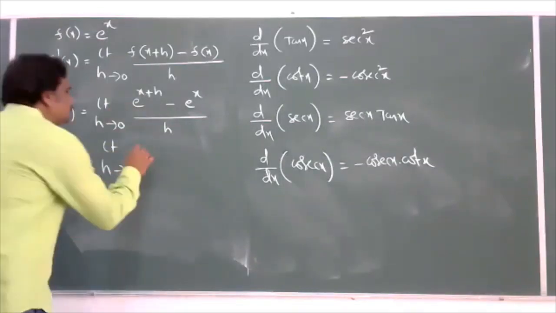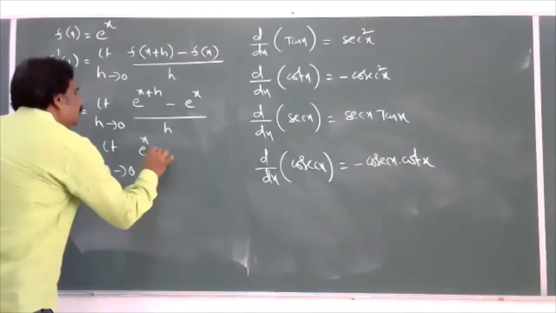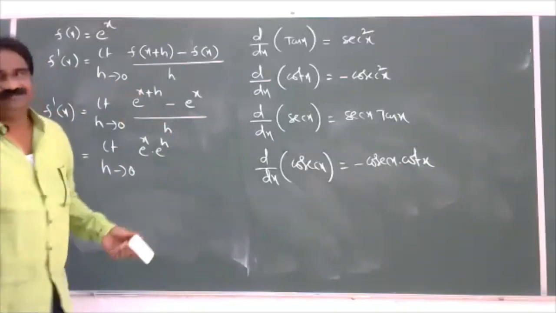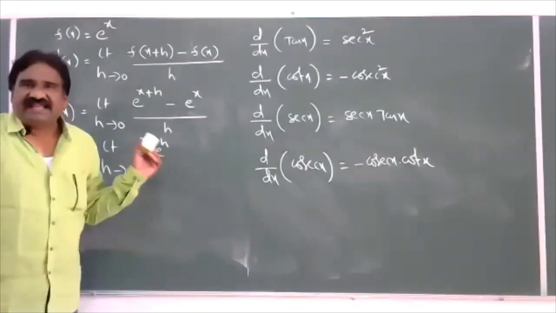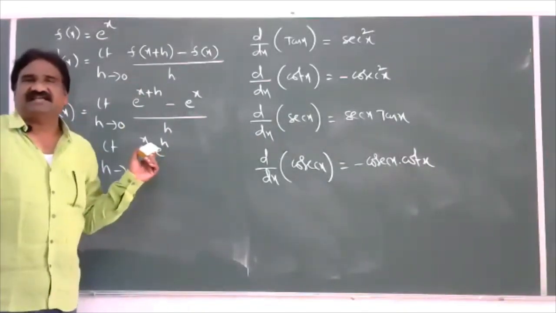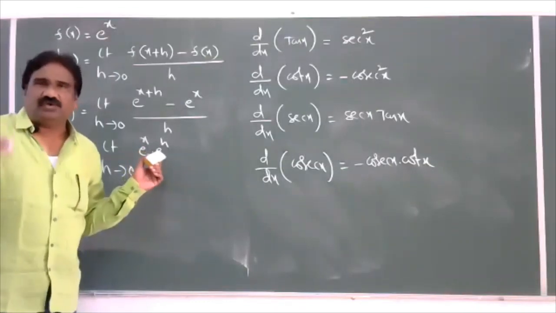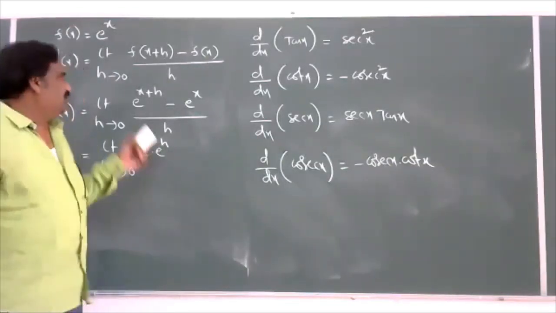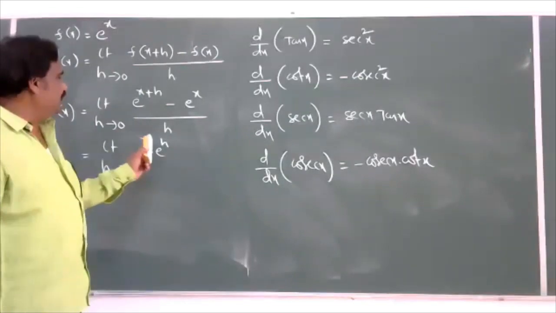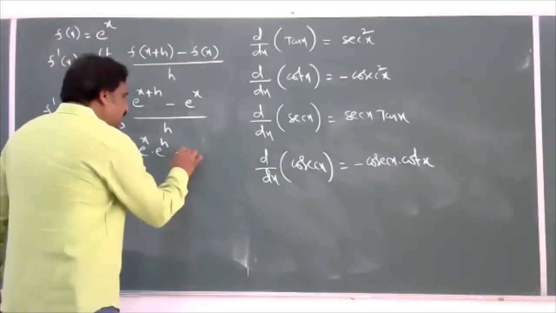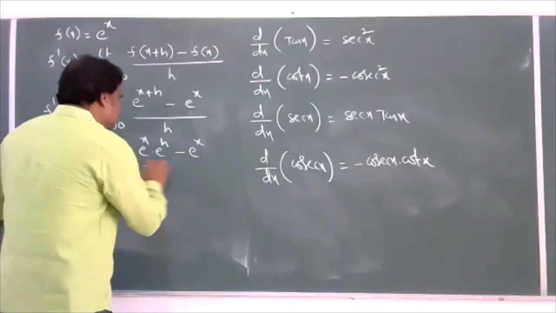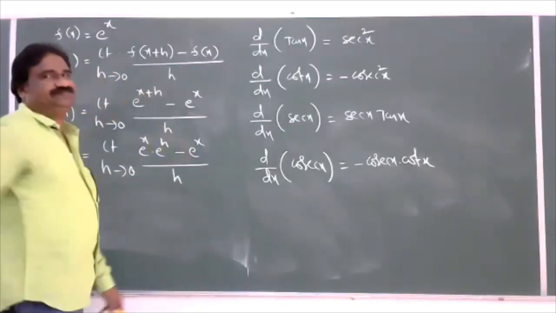E power x plus h is e power x into e power h. So, by using the indices formula, x power m plus n is equal to x power m into x power n, like that. E power x plus h is equal to e power x into e power h minus e power x by h.